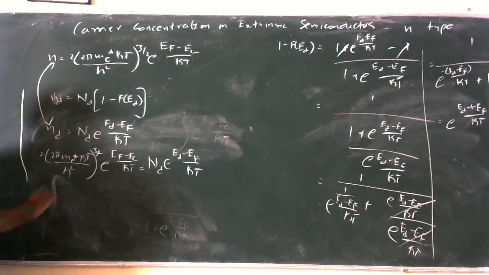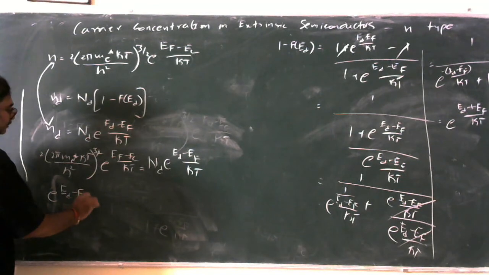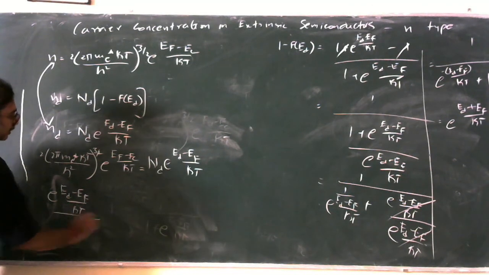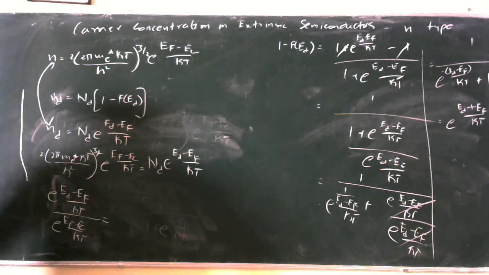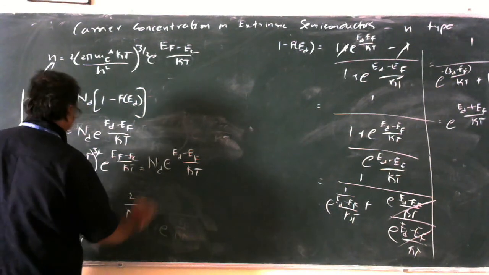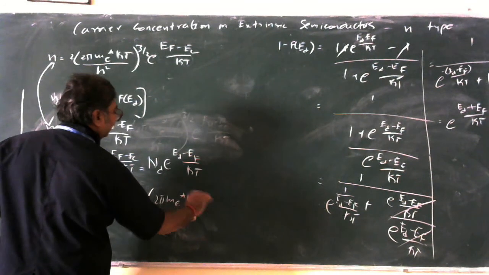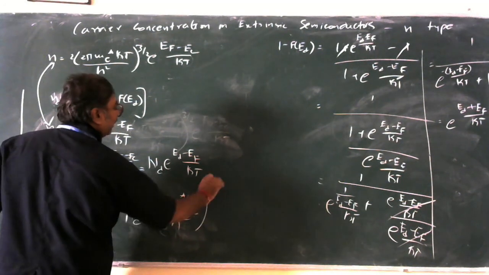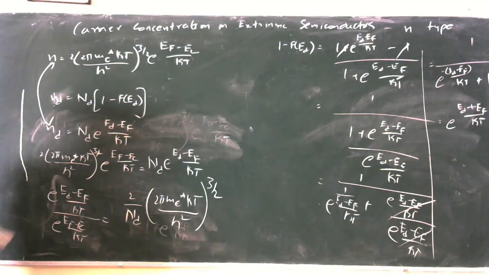So this becomes exponential of (ED minus EF) by KT divided by exponential of (EF minus EC) by KT equals, what are we going to have? We're going to have 2 by ND into (2 pi m e star KT by h square) whole power 3 by 2. And this is in the form of A power M divided by A power M.